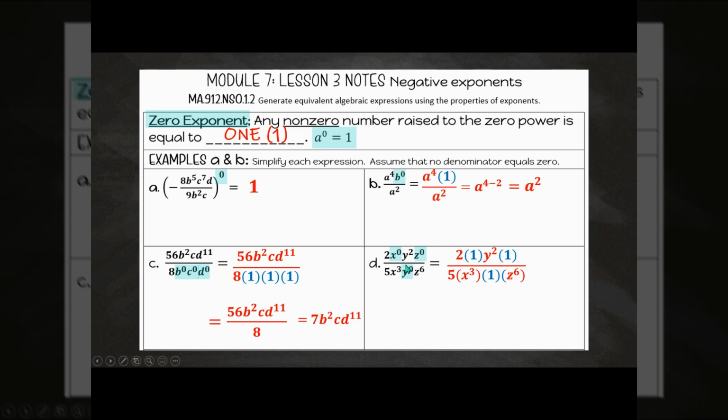Every time I have something to the 0 power, I'm going to take it out and replace it with 1 just so that I remember that it's there, or you can just remove it because anything times 1 is itself. So I end up with 2y squared divided by 5x to the power of 3, z to the power of 6. That's already simplified further. There's nothing else I can do to simplify that expression.